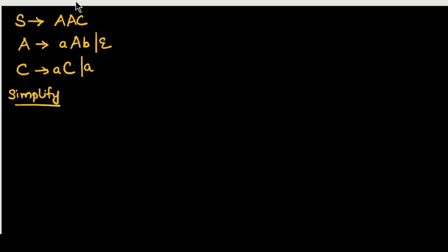In the first step we have to remove the epsilon productions. We have one epsilon production here, A gives epsilon, that has to be removed.